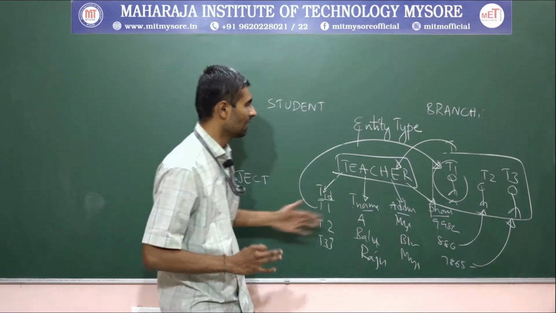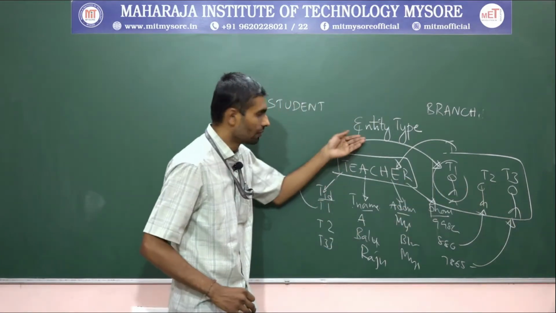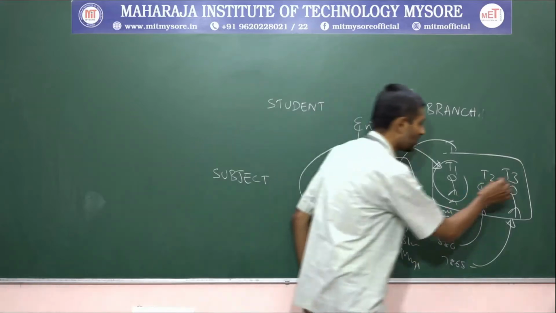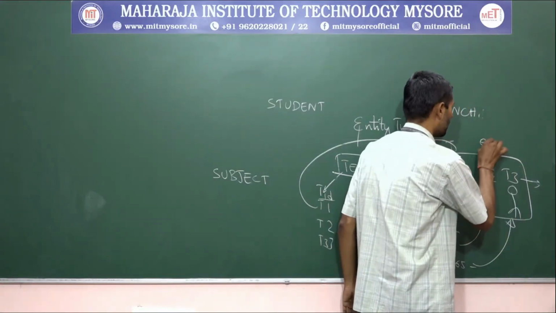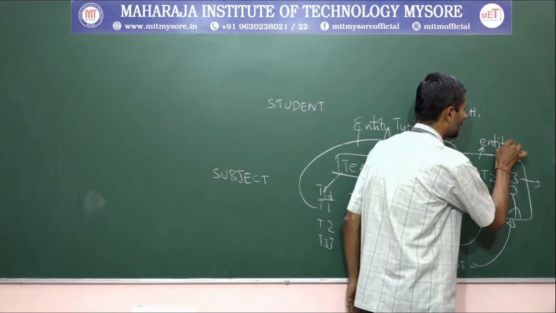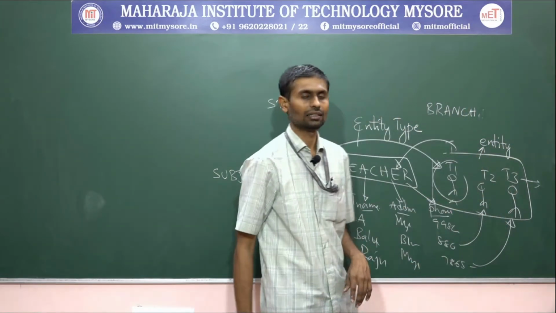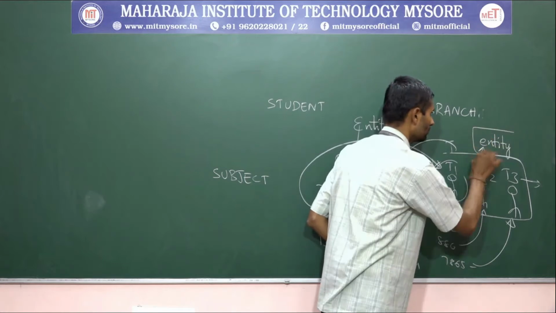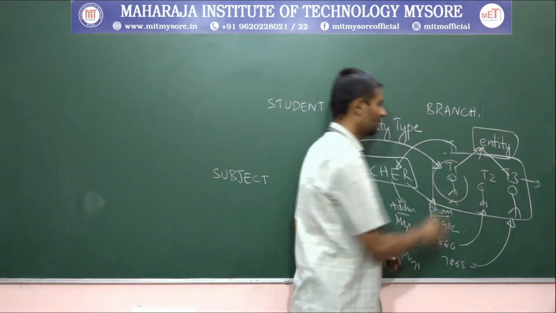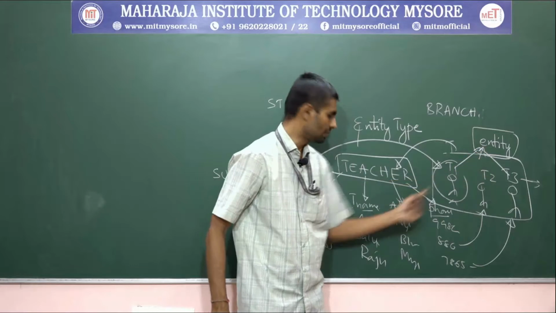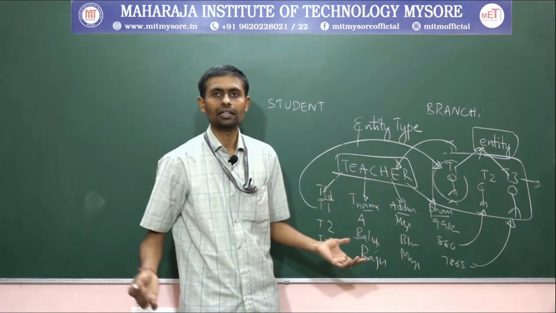Here also, guys, these are all objects of this entity type, and we call each of these objects an entity. Each one is an entity. These are all entities, that's it. So each individual thing we call an entity, and the name given to this set of entities is entity type.